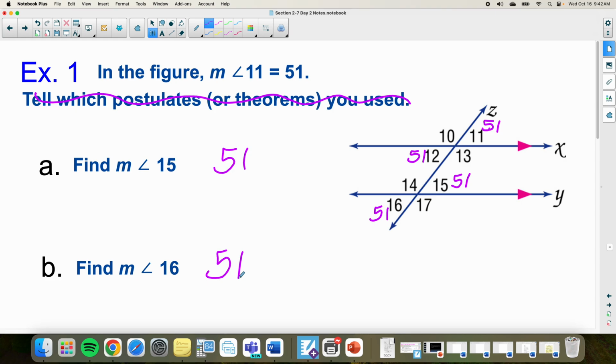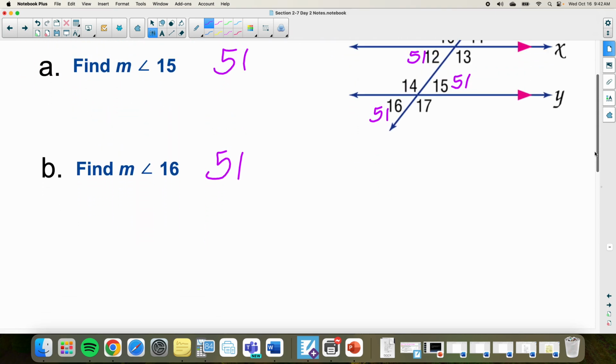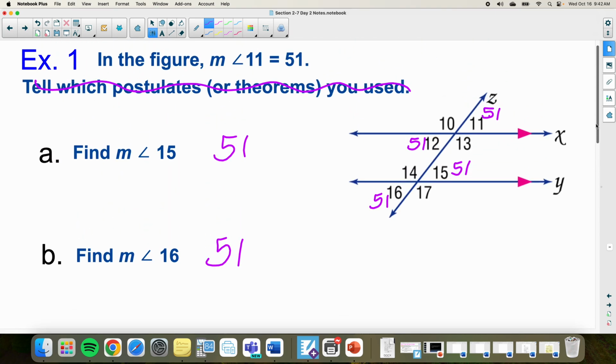Now let's just, I don't think they ask us for this, but I just wanna go over this. Do you guys know how I could find angle 10 if I know that 11 is 51? Yep. You could have 10 be x plus 51 equals 180, because 10 and 11 form a line, they should add up to 180. So do you guys get that 10 would be 180 minus 51, which would be what, 129?